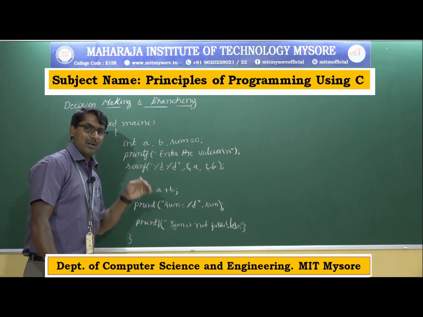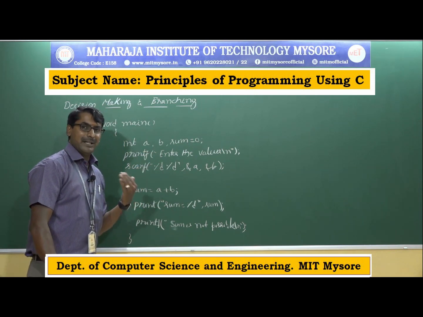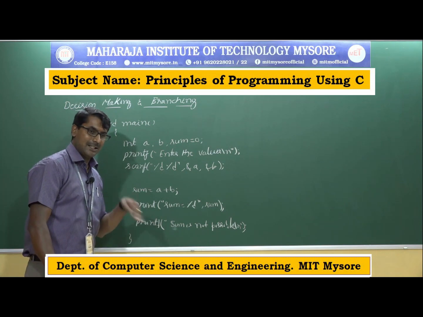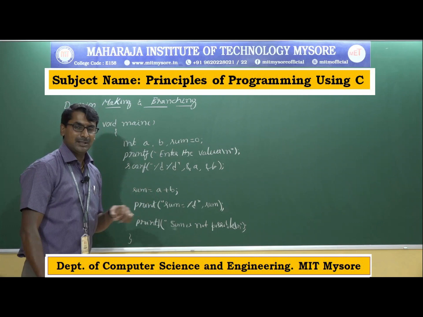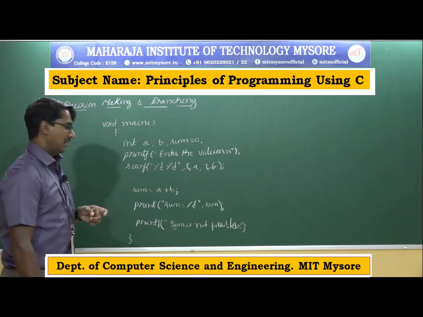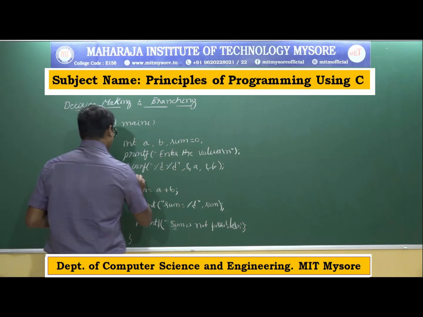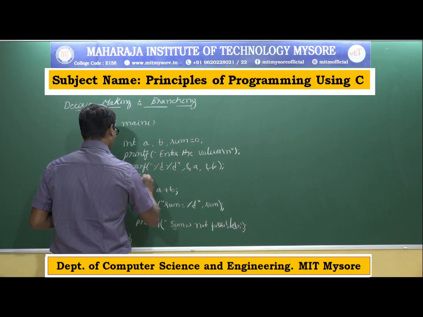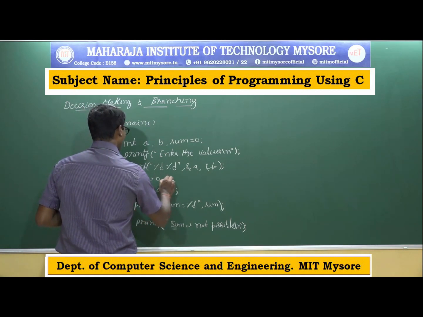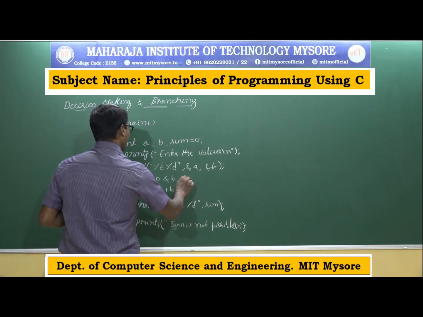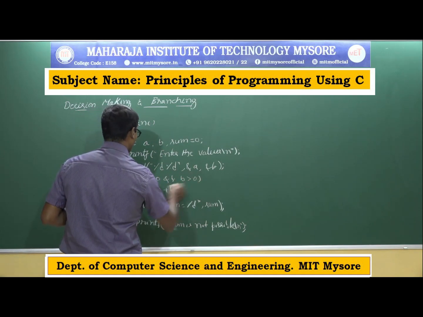But now I want to change the order based on some condition. The condition is that the values of a and b must be positive numbers. So here I will put a condition: if a greater than 0 and b greater than 0.